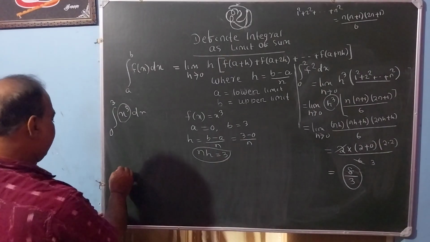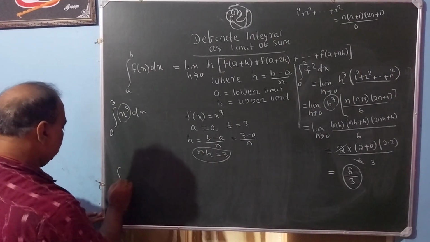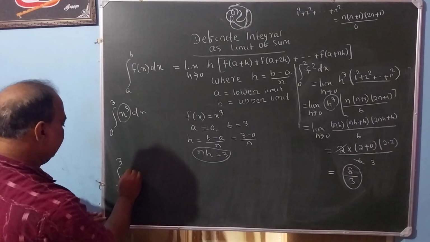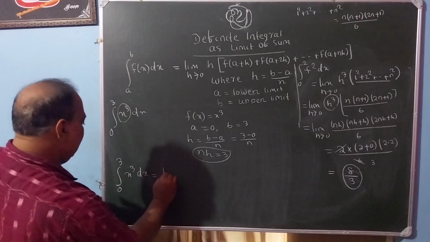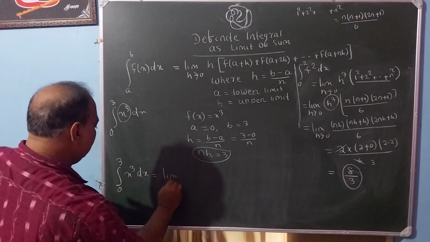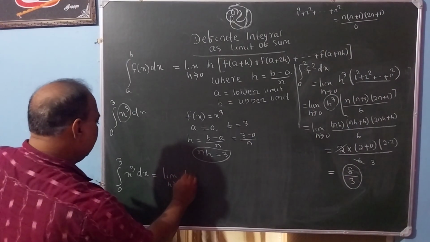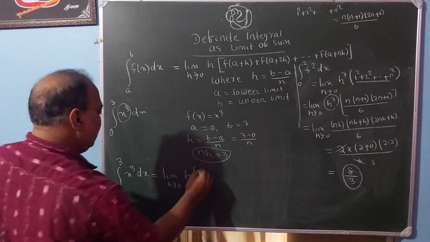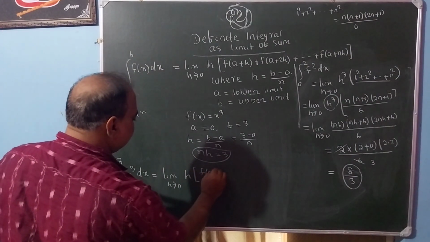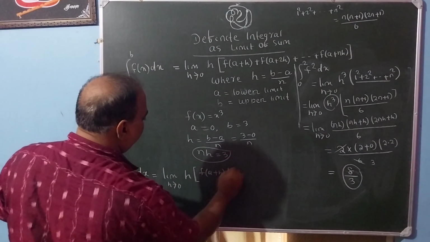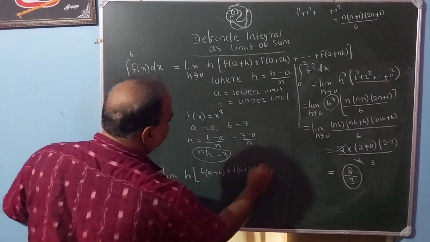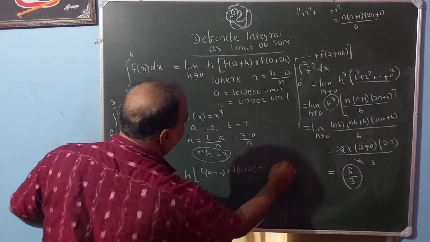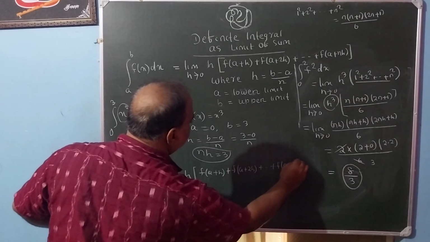We know that the integral of 0 to 3 of x to the power 3 dx is limit h tends to 0, h times f of a plus h, f of a plus 2h, dot dot dot, f of a plus nh.